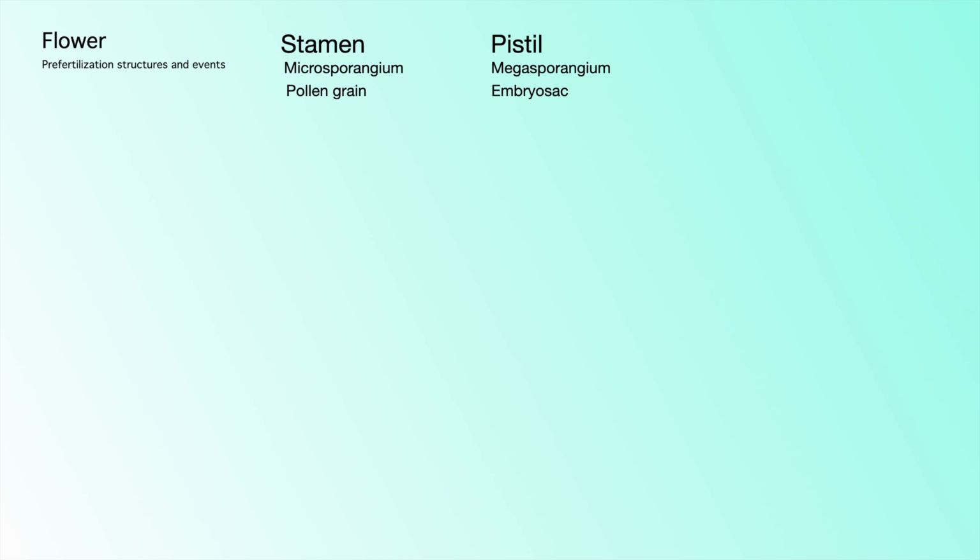Pistil has three parts: the stigma, style, and ovary. From above down, they are arranged like a flask. At the top of the flask is the stigma. The bottom of the flask is the ovary, and the structure connecting both is the style.